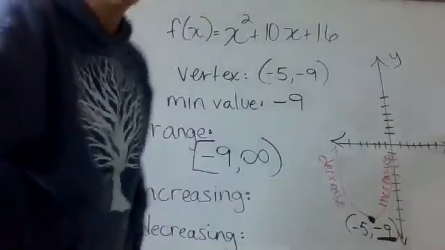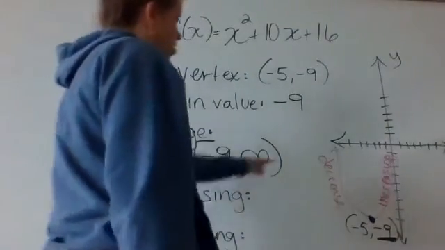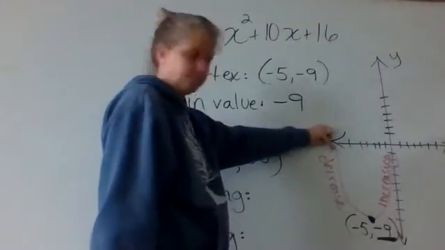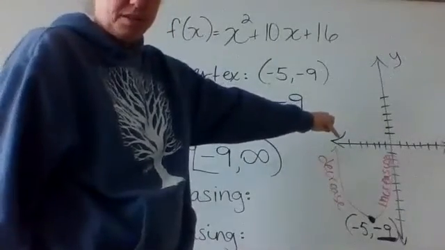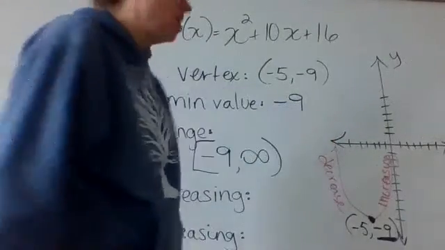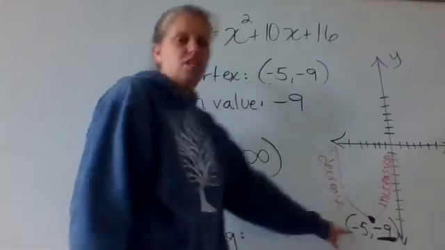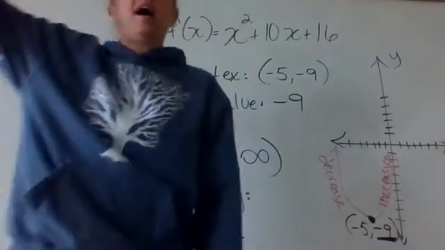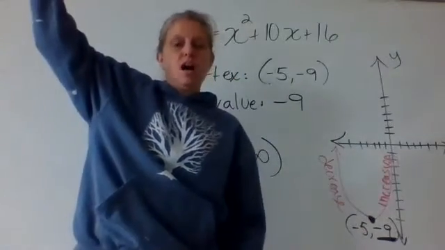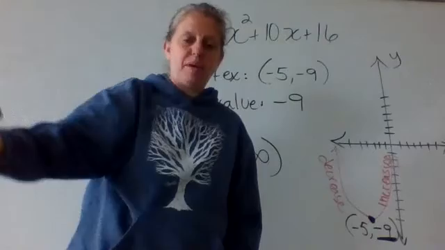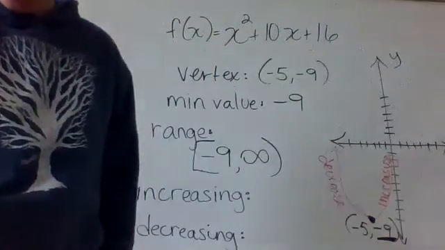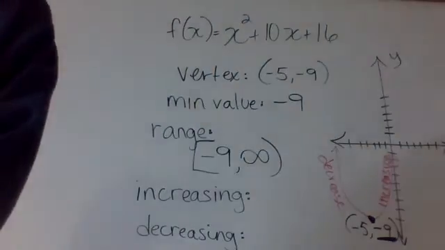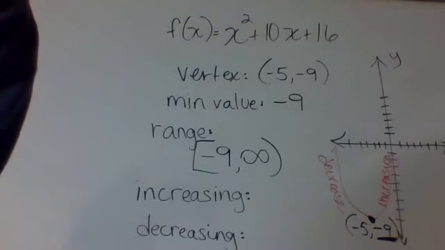Now, when you're talking about increasing and decreasing, so let's do our decrease first. When you're talking about increasing and decreasing, you're using the x. You're going to say, my values are coming down, but they're coming down until they get to that x right there. So you're decreasing.